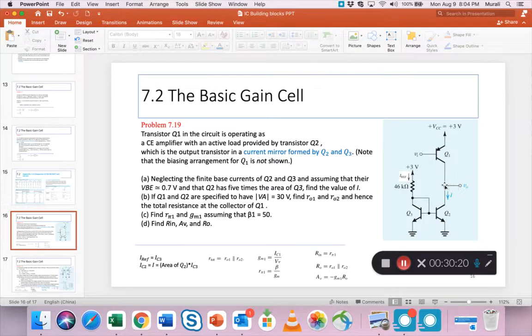So this is the collector of Q1, right, where the output voltage is taken. So what is the total resistance? That is the parallel combination of RO1 and RO2. Now you know how to find RO1, RO2. It's something like this. So GM1, this formula, R pi, the input resistance of 1 is given by beta by GM.